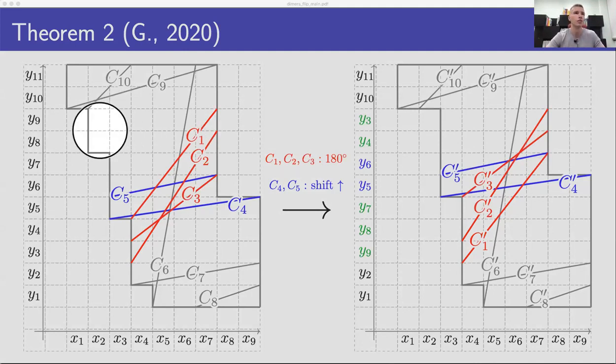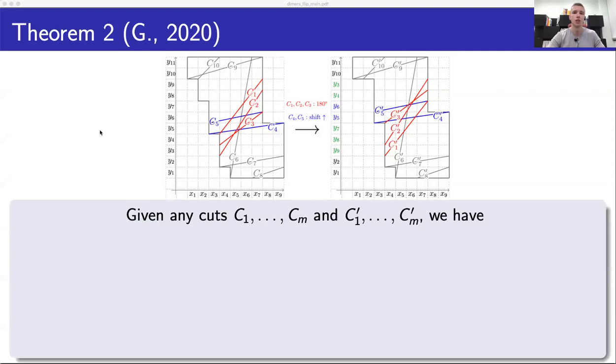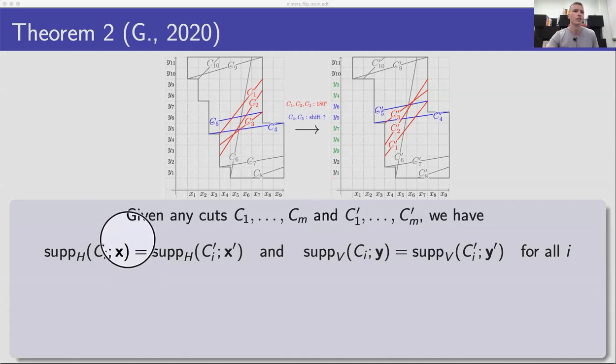Now, here is the actual theorem. The theorem is going to say that when you have such a transformation, then two conditions are equivalent. One of them is easy to check, and one of them is hard to check. The easy to check condition is that the transformation preserves the horizontal and the vertical supports of all cuts, just as sets of variables.